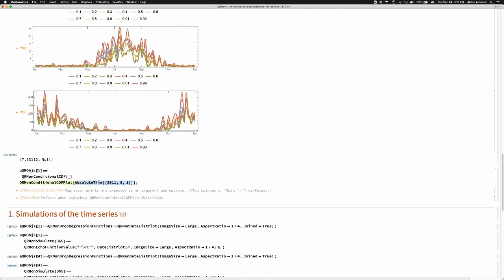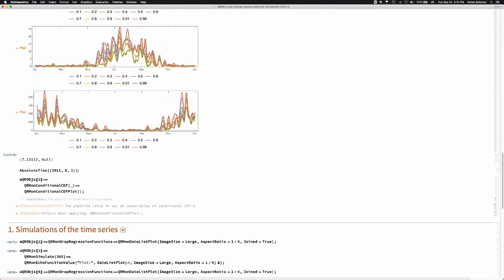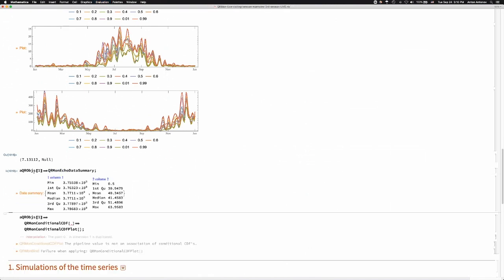I'm going to make them plot. Okay, I'm simply not familiar with the data points here, so I'm just going to pick a random point from the data which is being plotted here.